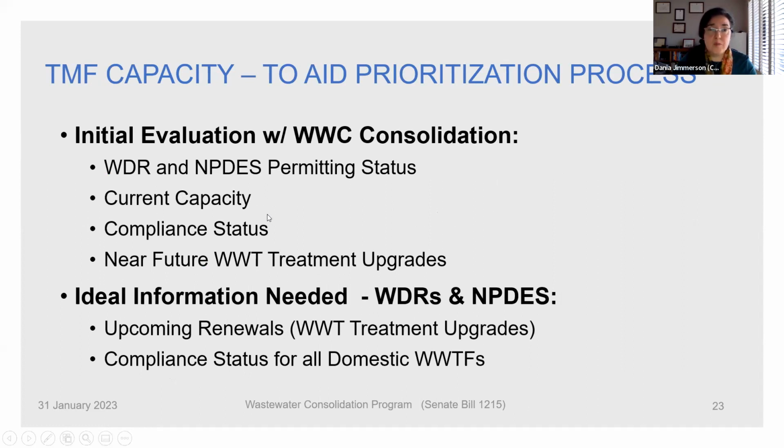Some of the aspects that we evaluate closely with these projects are the current capacity and their compliance status, because if these sewer service providers are not able to comply with their current permits, and they are having a lot of violations, and they have a lot of wastewater treatment upgrades that they have to do to comply with their permit, it's going to be very difficult for them to take on the provision of sewer services to another community if they are having a tough time managing compliance of their own existing facility.